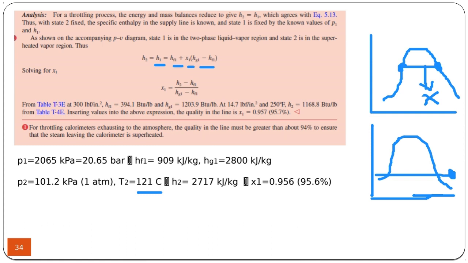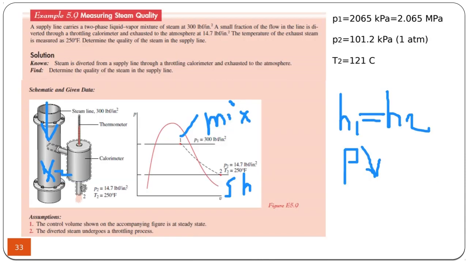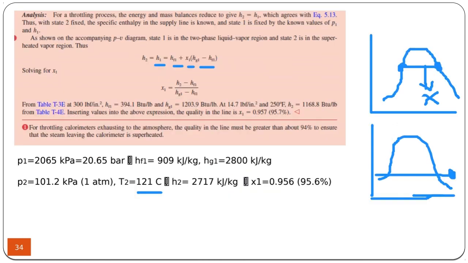So by using the enthalpies of the inlet steam and exit steam, you can calculate the quality of the steam inside the pipe. The quality of the steam inside the pipe is found to be almost 96%.